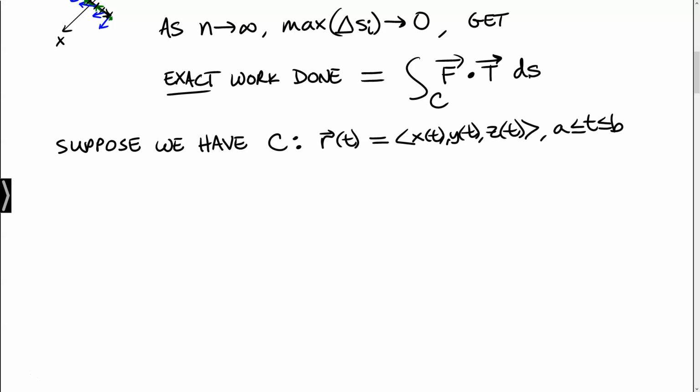Then what we can do is, let's look at this expression, this f dotted with t. Now, the unit tangent vector, if you remember back to space curves, this is all the way back in chapter 13, this is really defined to be the velocity vector normalized. So it's the velocity vector divided by its length.